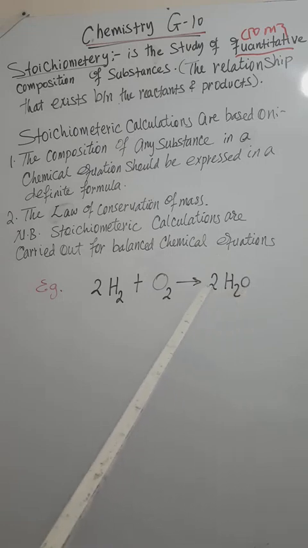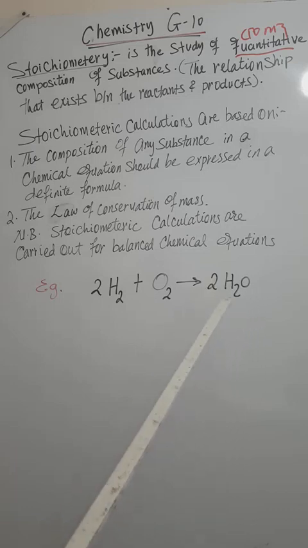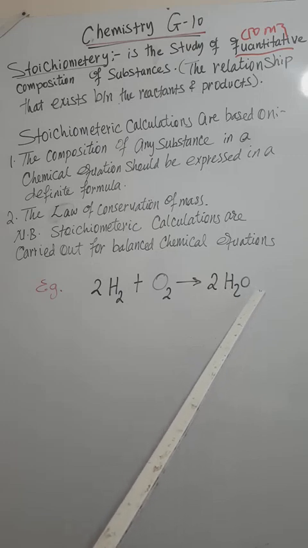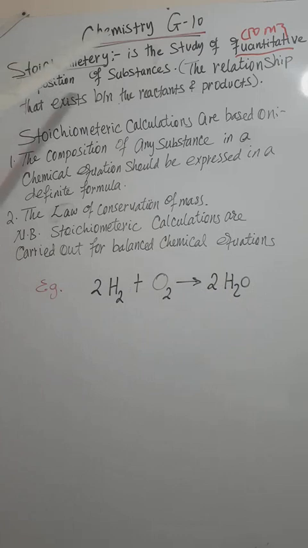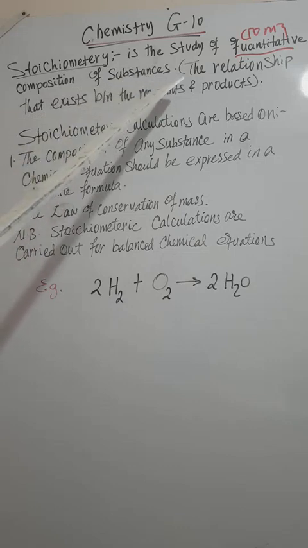When we say quantity, this is 2 moles of water molecule. This is made of 2 hydrogen atoms and 1 oxygen atom, and we can break it down like that. So stoichiometry is the study of quantitative composition of substances, the amount.